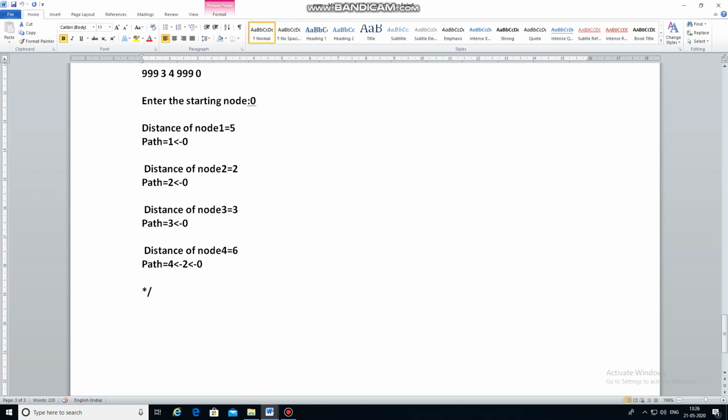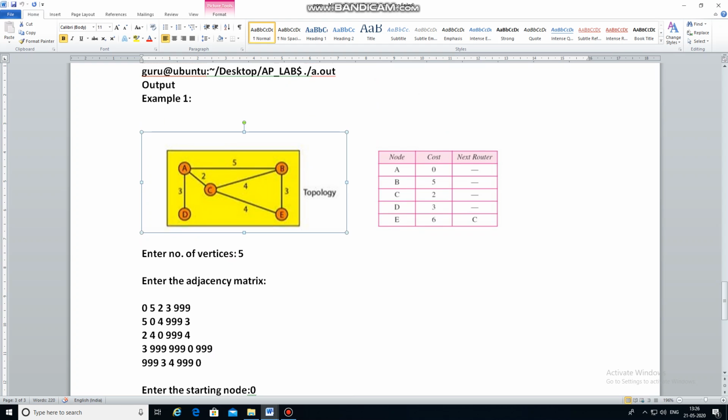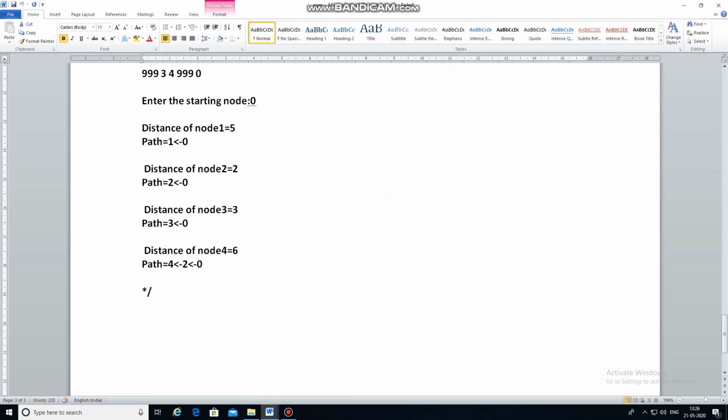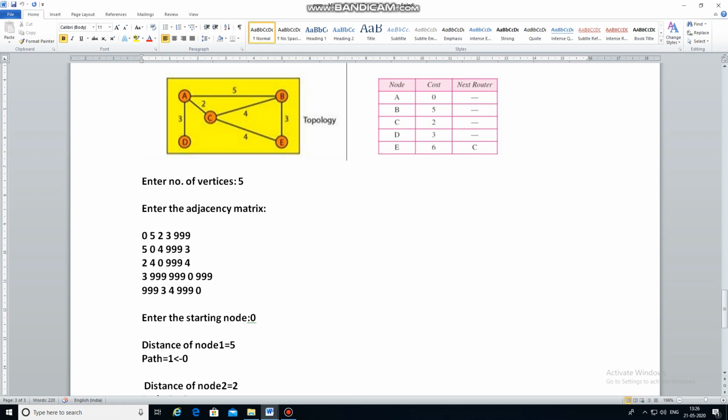So if you take this, then the distance is 6, because we are taking A to C, C to E, that is 2 plus 4, it is 6. You can see that 0, 2 and 4, right? So this is how the Dijkstra algorithm works, and it is a shortest path algorithm which is used in most routing protocols.